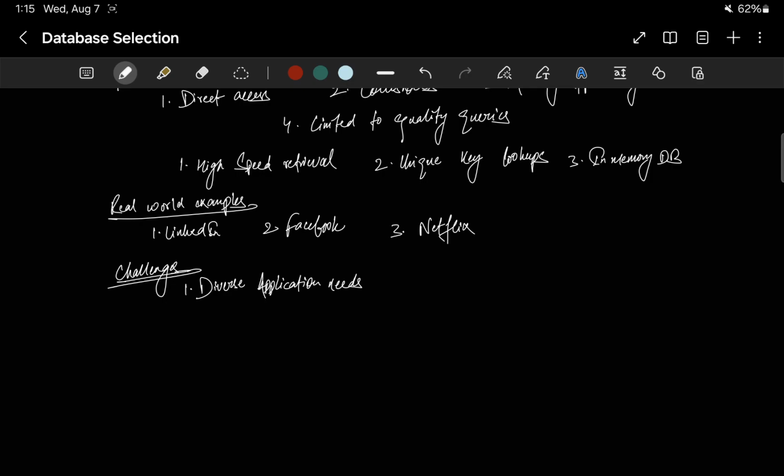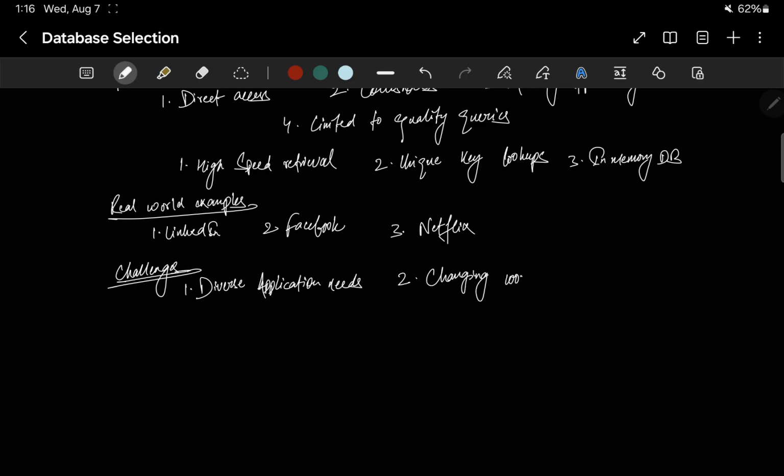You may need to read, you may need to write as well. Sometimes your task cannot be achieved by one kind of database alone. You might need to use SQL for something, NoSQL for something else. And even in NoSQL, you may have to use one kind of database for read heavy operations, another for write heavy operations, different things you need to take into consideration.